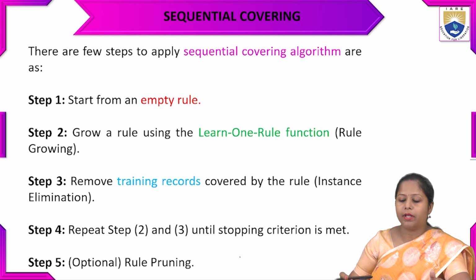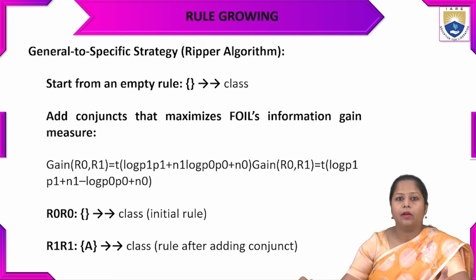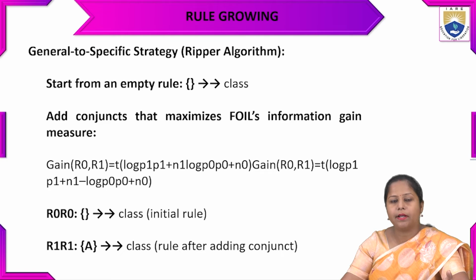So that was all about the sequential covering algorithm. Now, rule growing. That is the direct method of rule-based classification.